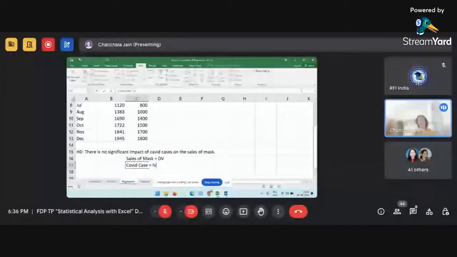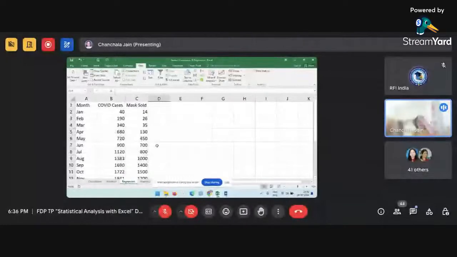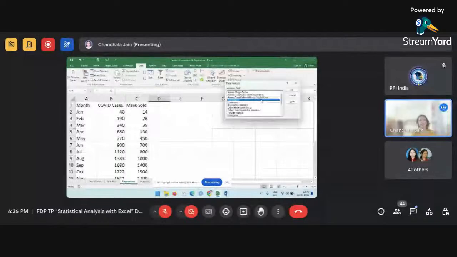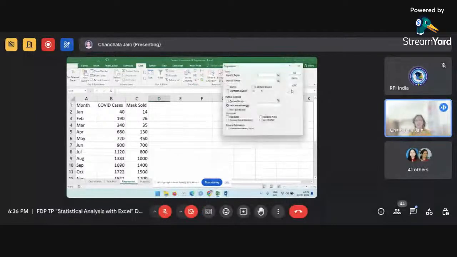I want to see the impact of COVID cases on the sales of masks, right? So it is very clear to us that we are going to perform the regression here, right? So now to perform regression, you need to go again in the data analysis toolpak under the data tab. Here you can scroll down and can locate the regression tool. Click on the OK button. I hope everyone has found it and on the same window where I am.